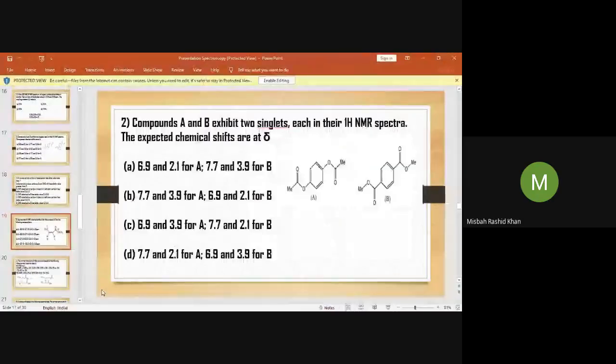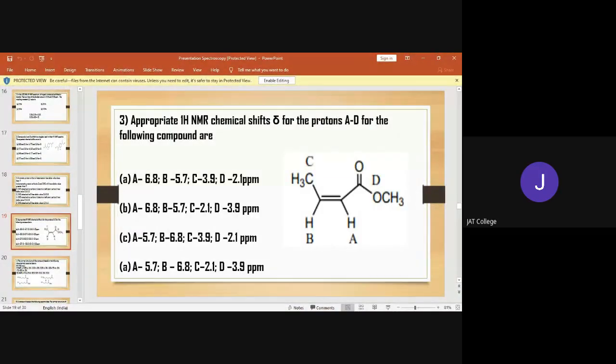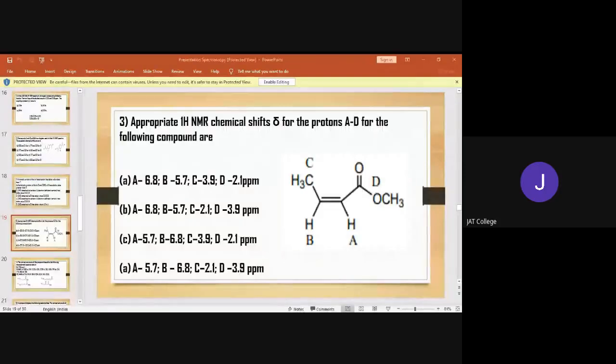Tell me, what will be our correct answer? Anybody? D. Definitely D. Because B is attached to the electron deficient carbon. And if B is attached to the electron deficient carbon, then it is deshielded. And as it is deshielded, its delta value increases. And its delta value is greater than A. Now, next one. Now consider the next option here.